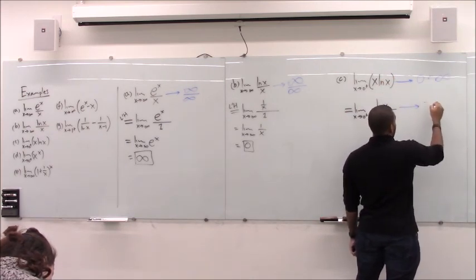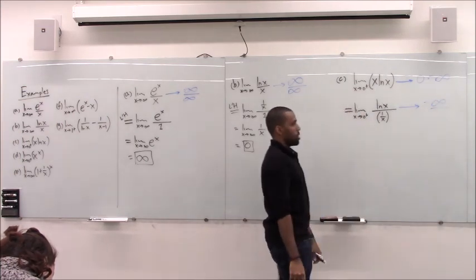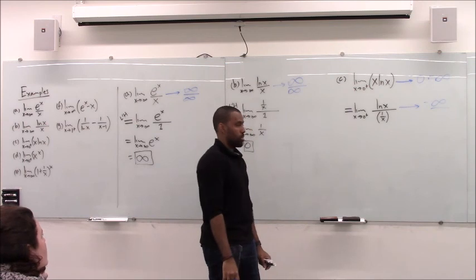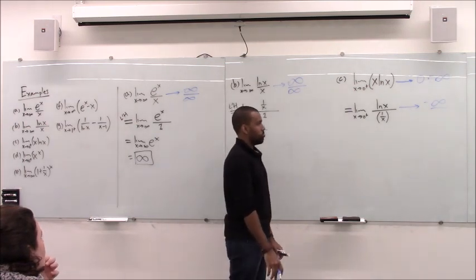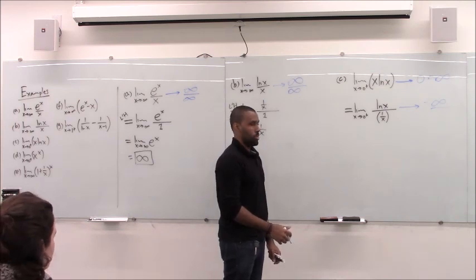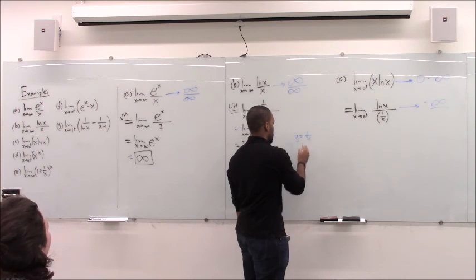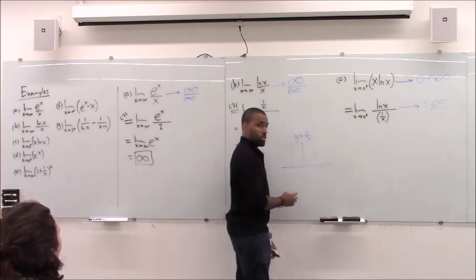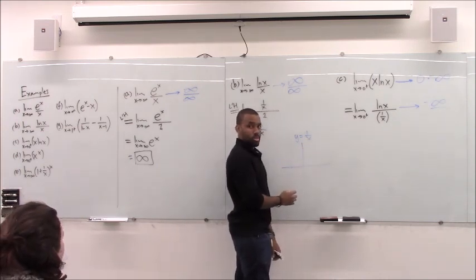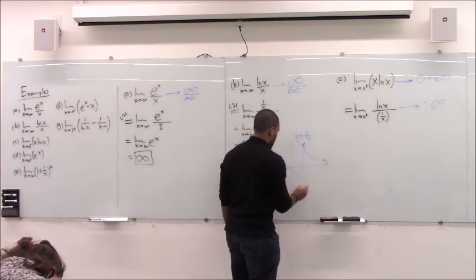The top goes to negative infinity. The bottom, what happens to 1 over x as x approaches 0 from the right? Yes, so 1 over x, what does the graph of that look like? Like this.